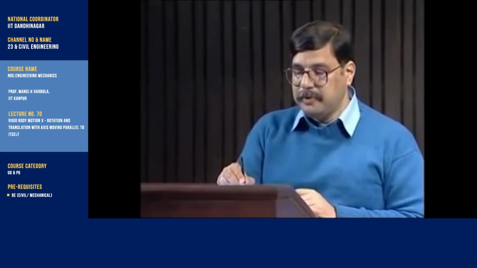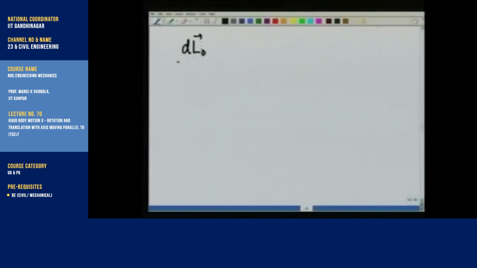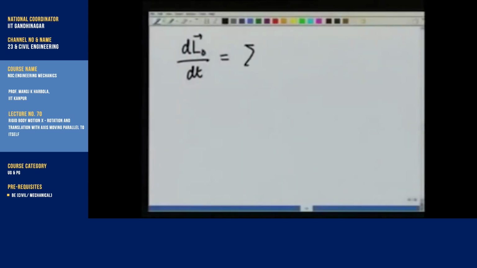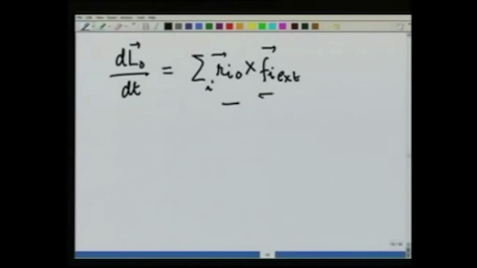So, what we have obtained now is that the rate of change of angular momentum, when angular momentum is taken about an arbitrary point O, which could be in the body, which could be accelerating or anything, is equal to summation over i of r_iO cross F_i external only, minus summation over i of m_i r_iO cross acceleration of point O itself.